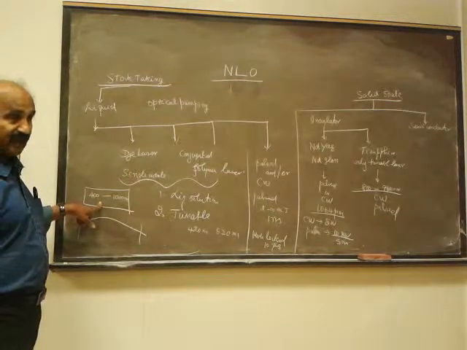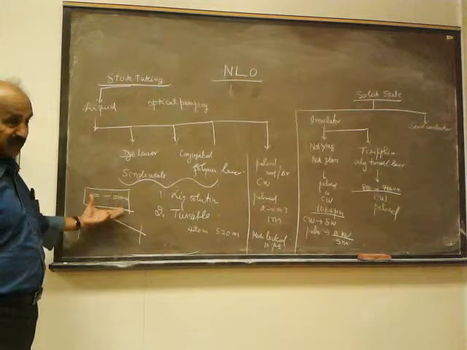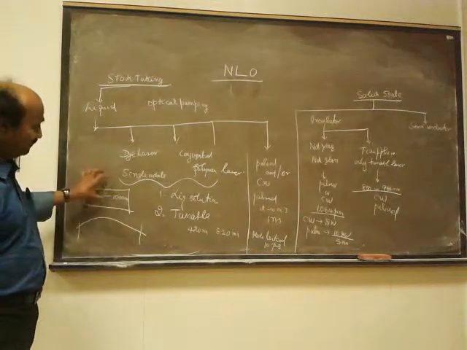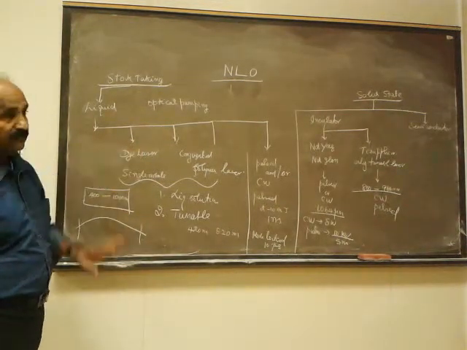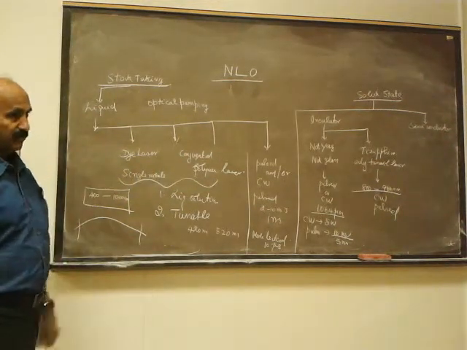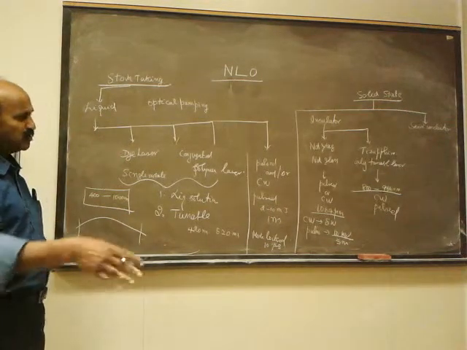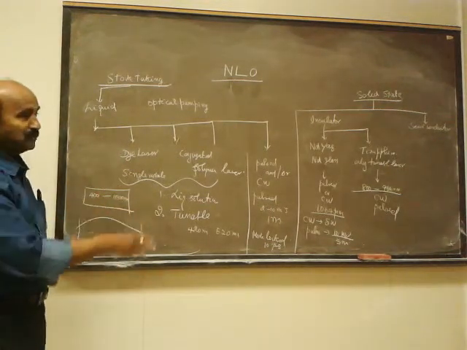So you can say that dye solution laser is the best tunable laser in the visible region. And tie sapphire is in the near infrared region, and that is the only tunable laser. There is another tunable laser, but don't worry, only this is marketable.